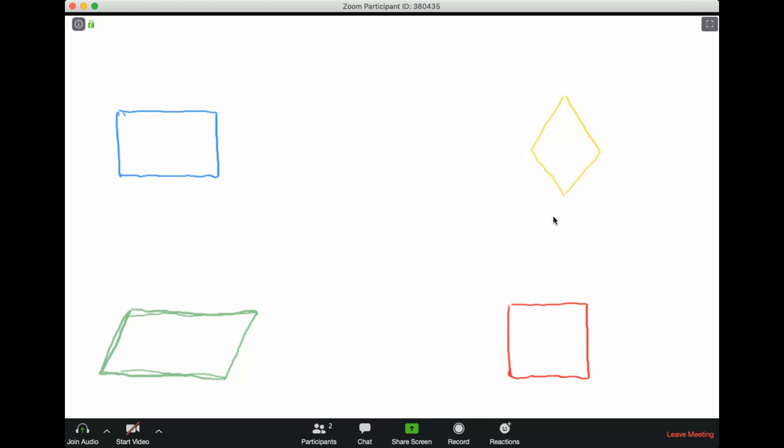For this first one, we first have 1, 2, 3, 4 sides, so the first thing we can call it is a quadrilateral. Then we know that the opposite sides are parallel. These sides are never going to touch. These sides are never going to touch. They're also equal.